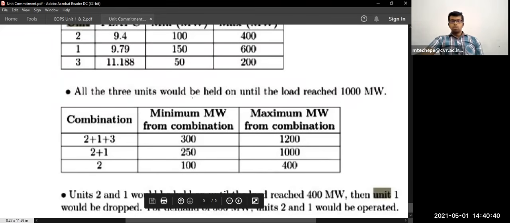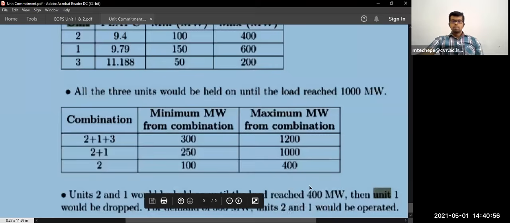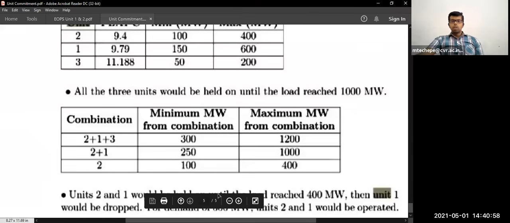So all the 3 units would be held on until the load reaches 1000 megawatt. Units 1 and 2 would be held until the load reaches 400 megawatt.